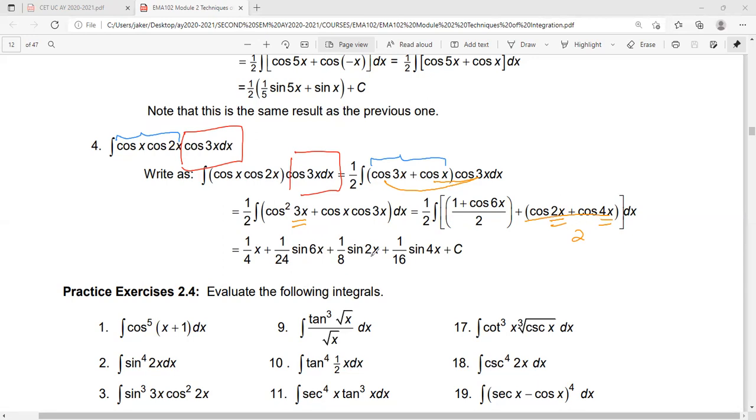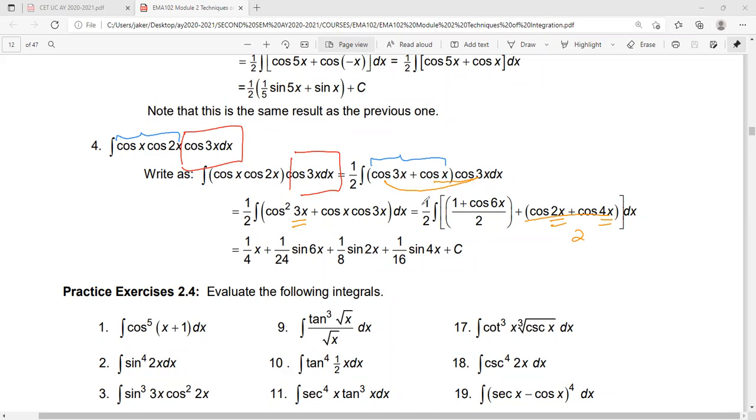So 1/8 sine of 2x. For the cosine, you will have 4, so your 1/4 times 1/4 is 1/16 sine of 4x plus C. So that's it. You have here 3 functions and how it was processed using this technique.